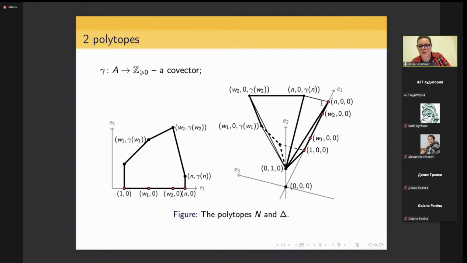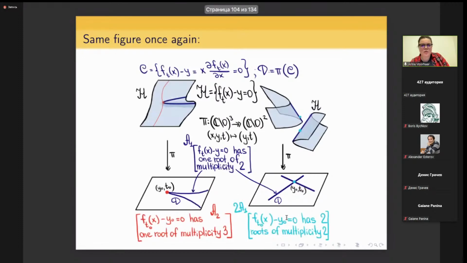But since we added an extra monomial y, that gives you an extra vertex outside of that plane. So the Newton polytope is going to be this pyramid, and that's what we call delta. Okay, so now, again, I hope that it's clear what we reduce our problem to. We reduced it, for a spatial curve C and its projection D, to finding the number of nodes and cusps of the curve D.